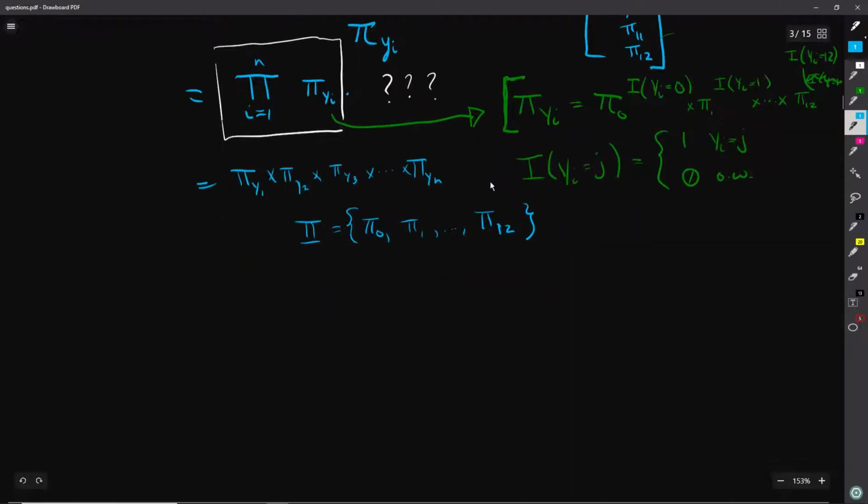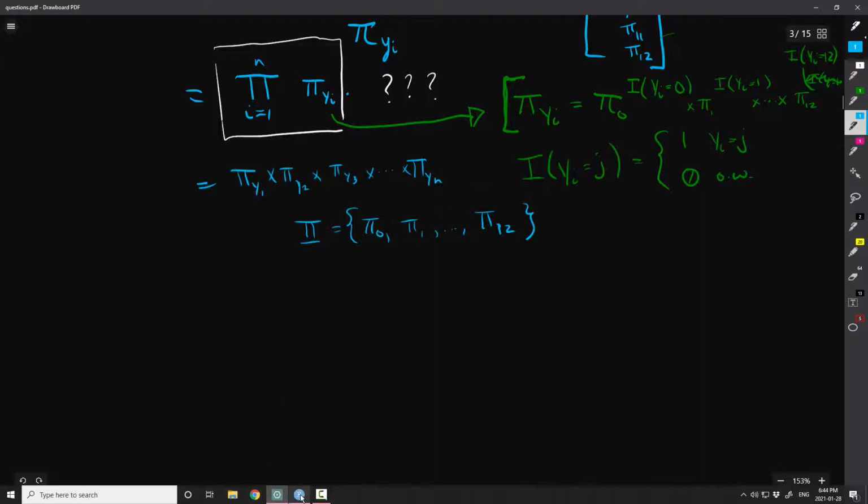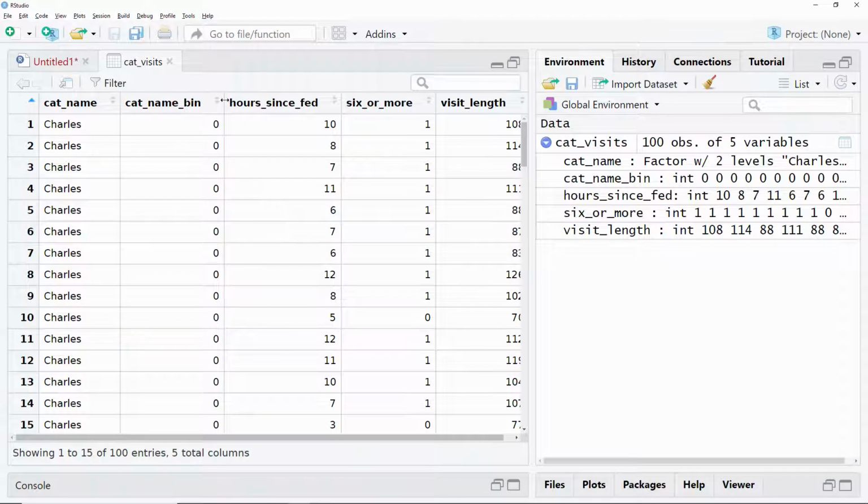And if we open up the data for a second, just as a little aside, we can pull open RStudio, and you can see I have this data file opened up, and we're looking at this hour since fed variable. You can see that the first few observations are 10, 8, 7, 11, 6, 7, 6.